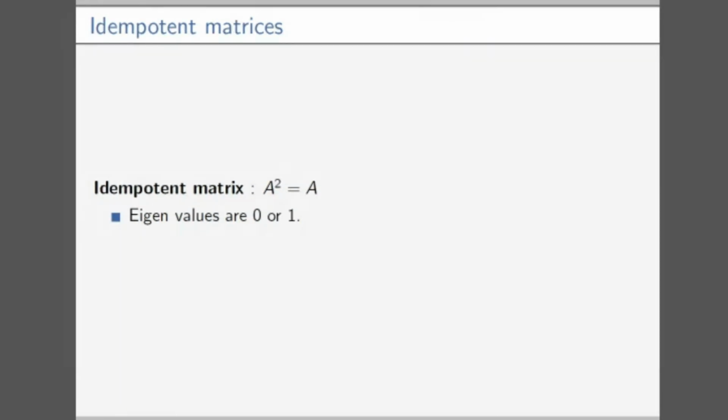Next is idempotent matrices. From here on, I think there are around 2 or 3 more types of matrices. In these cases, you don't have to mug up the idea of eigenvalues. There is a point to be noted.